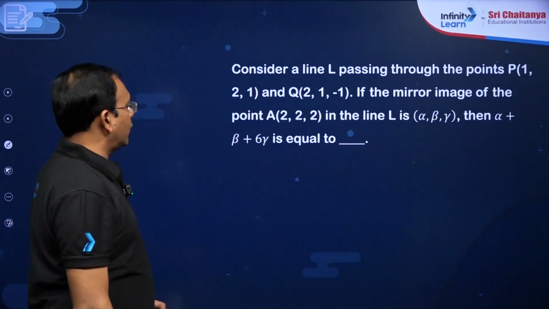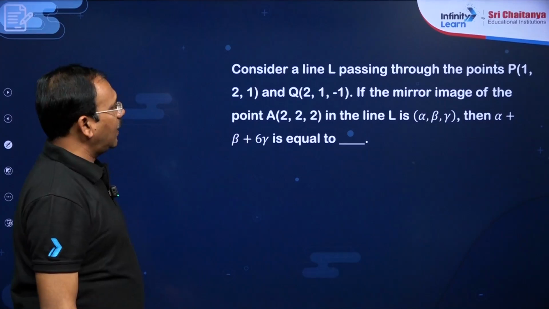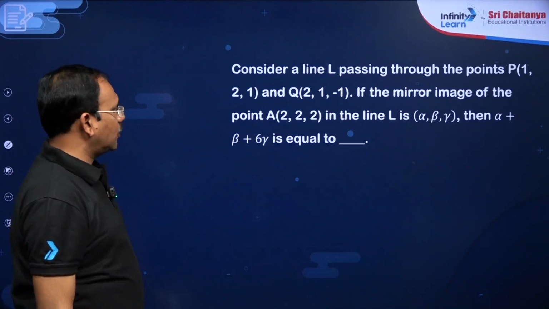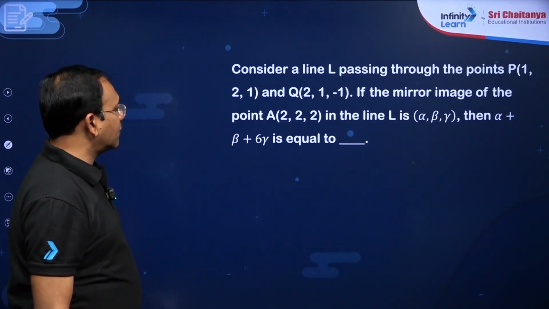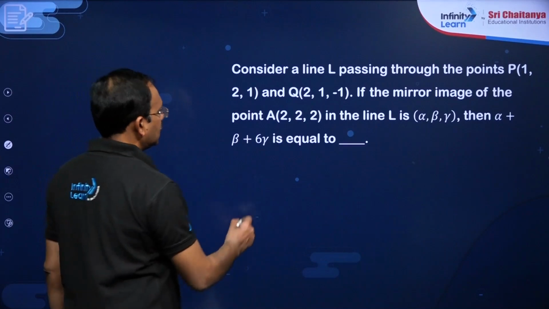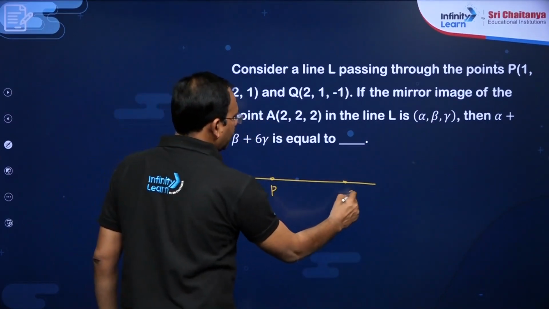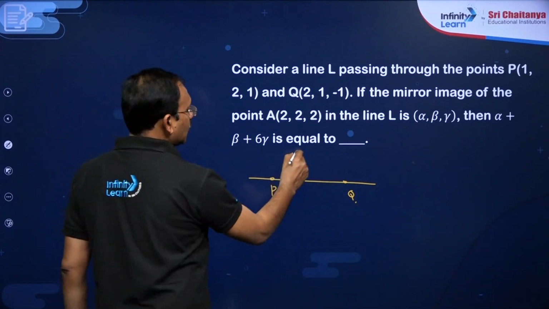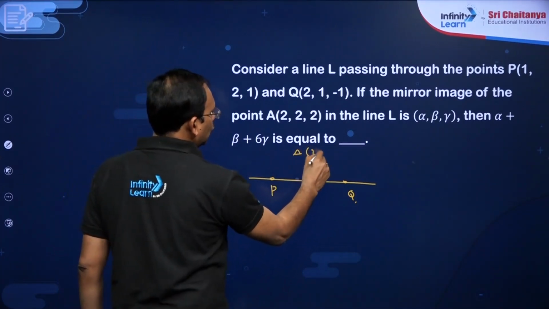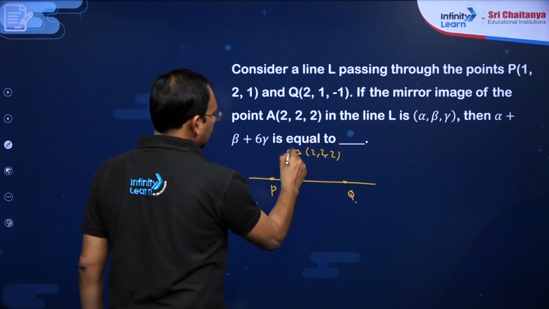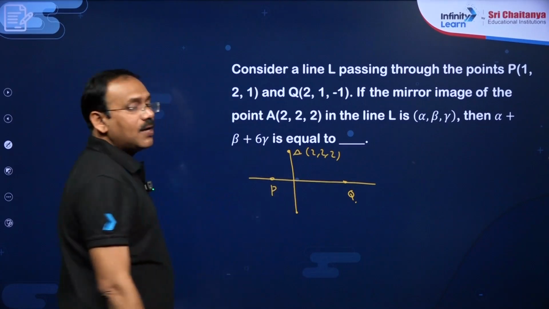Now, you see in this question: consider a line L passing through the points P and Q. The mirror image of the point A in the line L is asked. So he has given 2 points on the line PQ. He is asking you to find the image of this point.